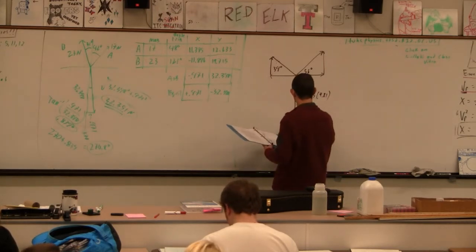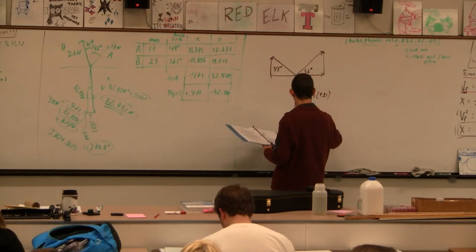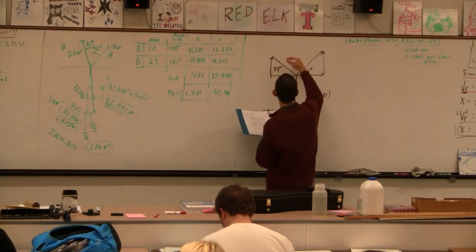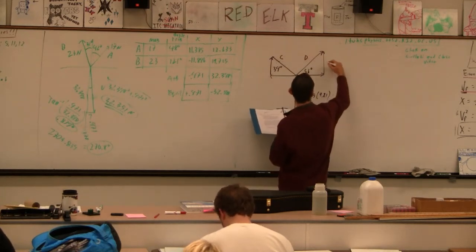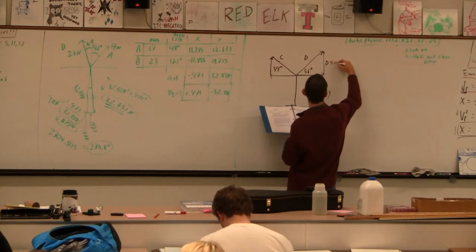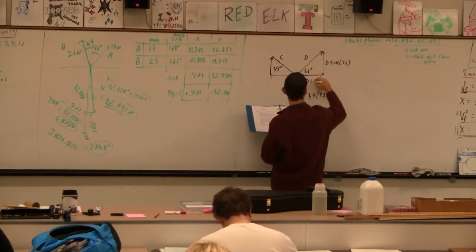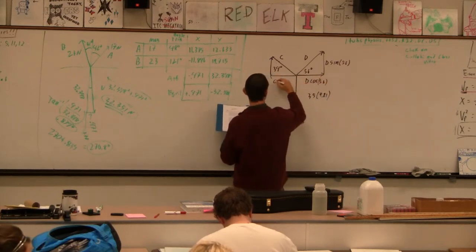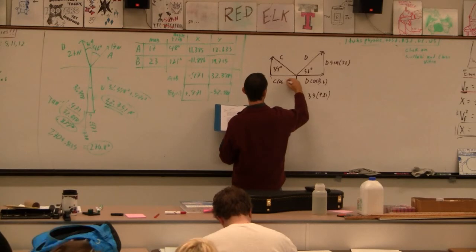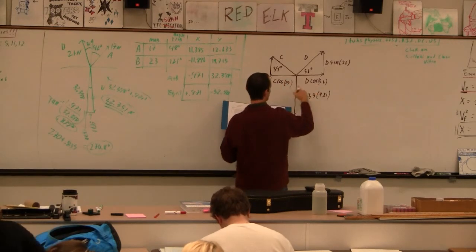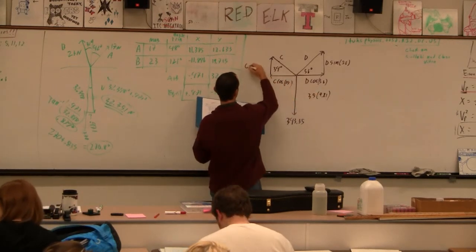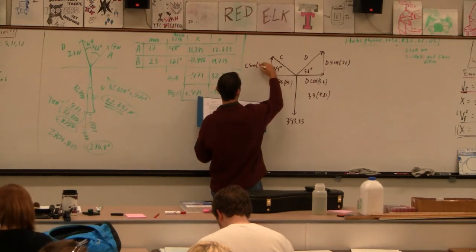So 35 times 9.81 gives 343.35. This is C, this is D. This is D sine. This is D cos. This is C cos 34. So you find these sides, right? This is C sine 34.